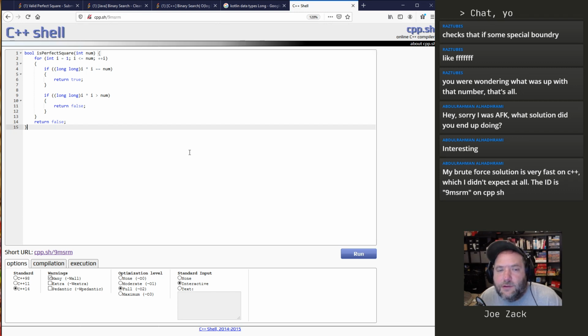Oh wow, this is beautiful. So you convert it to long. What does long space long mean? So you just start at 1, going up to n, and you multiply the numbers. If it's equal, then you're true. Otherwise, if it's greater, return false.